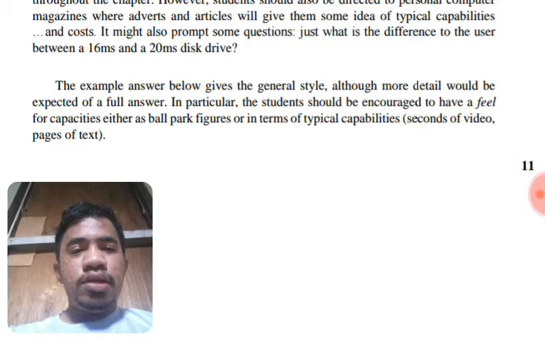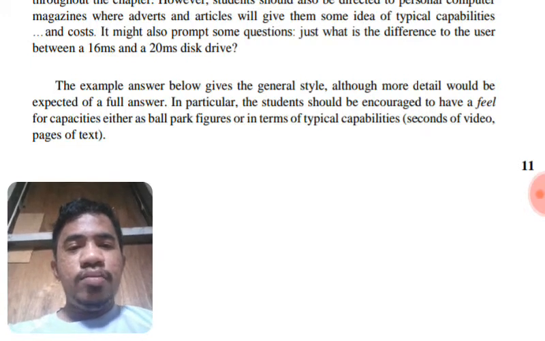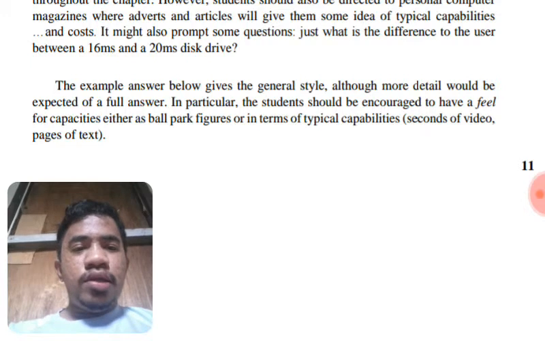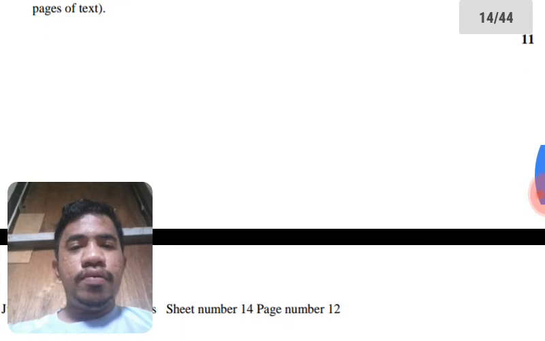In particular, the student should be encouraged to have a feel for capabilities, either as a ballpark figure or in terms of typical capability: seconds of video, pages of text.